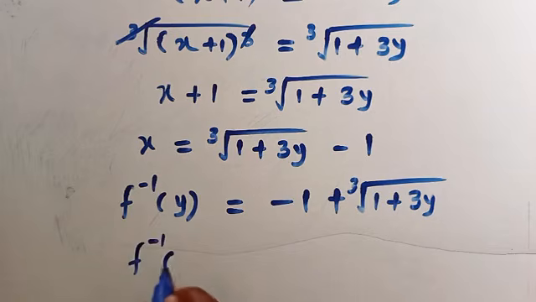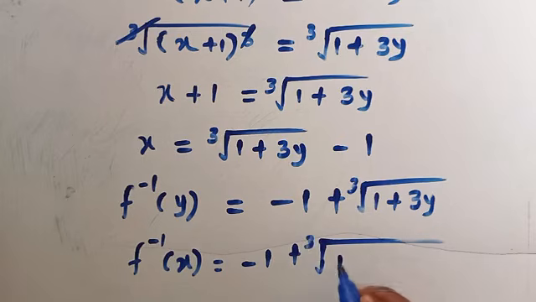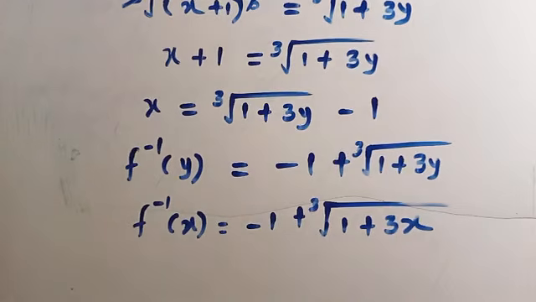We have f inverse of x equals minus 1 plus the cube root of 1 plus 3x. And this function is valid everywhere, for any value that we plug in. So this is how to solve this problem, and I solved it step by step.